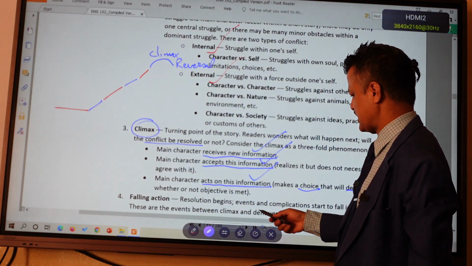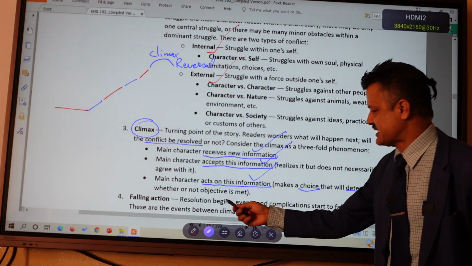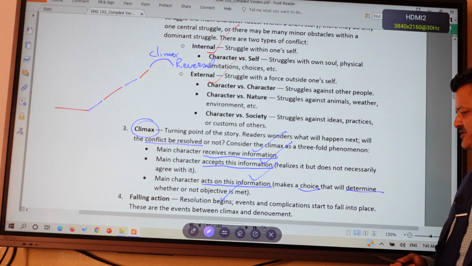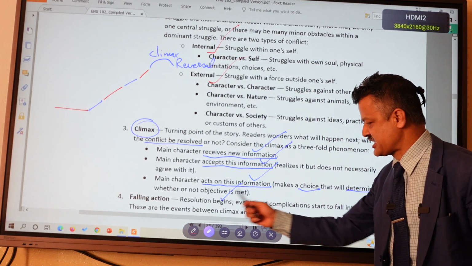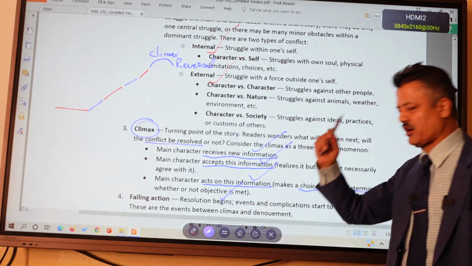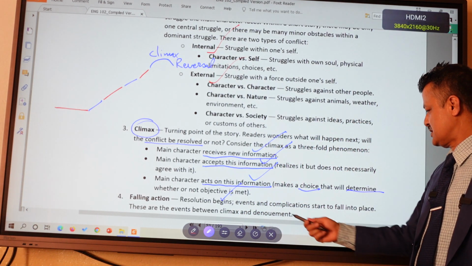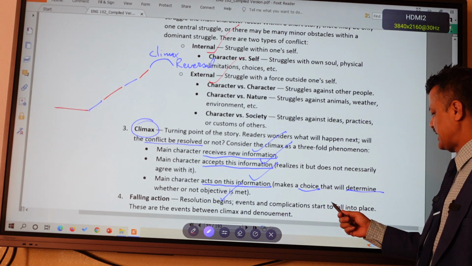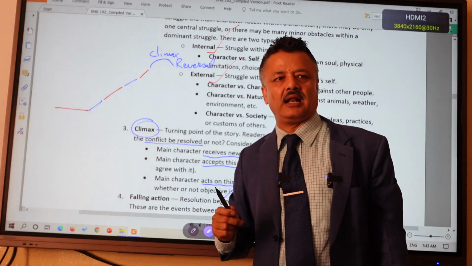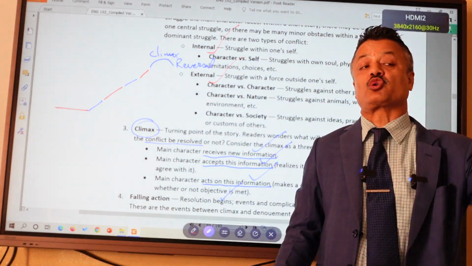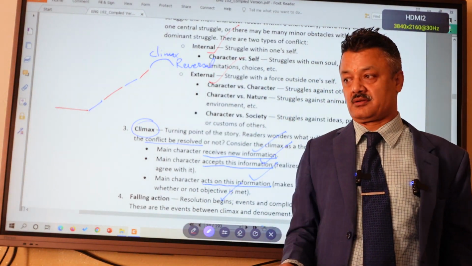Following action, resolution begins. He is in Japan, in Onitsuka factory, taking part in conference. He is well received. He places his first order for $50 for shoes. Events and complications start to fall, and he gradually establishes his Blue Ribbon Company. And later on, in other chapters which are not in our course, if you read, you will see more action. Read it.